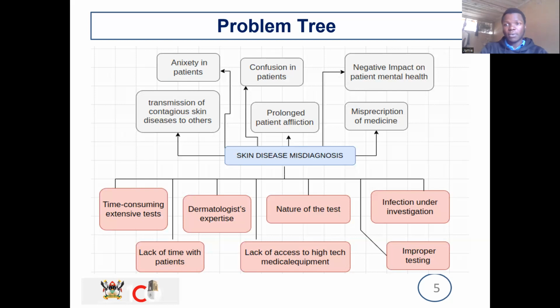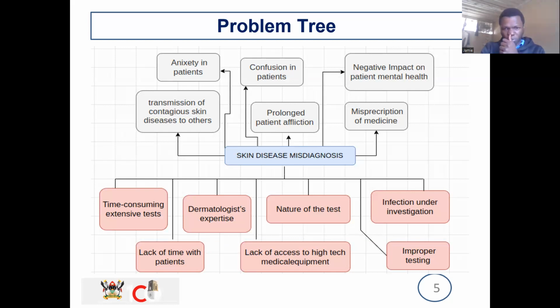So on the side of the diagnoser, the doctor or the medical personnel, it is time consuming to diagnose just a particular disease. We also have lack of time with patients. They rarely have long interaction time with patients, improper testing, and the nature of the test.